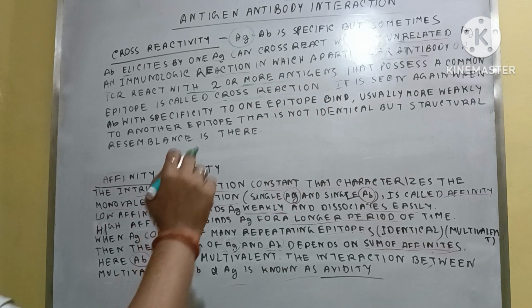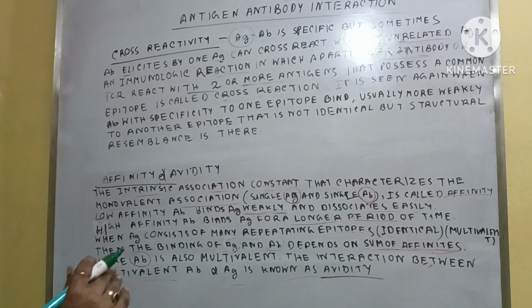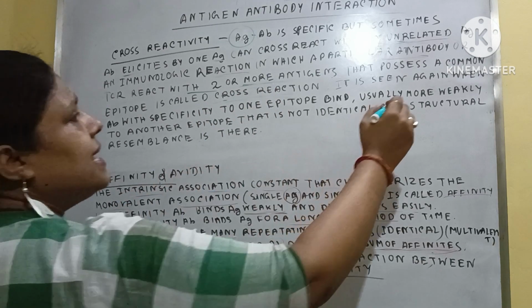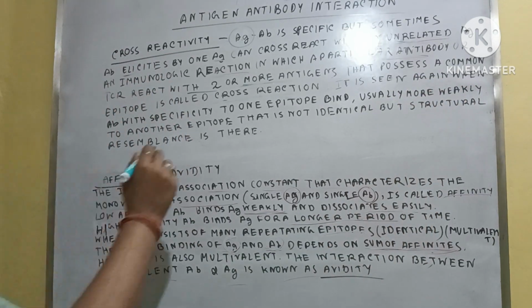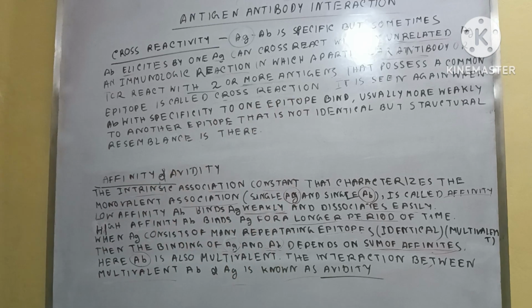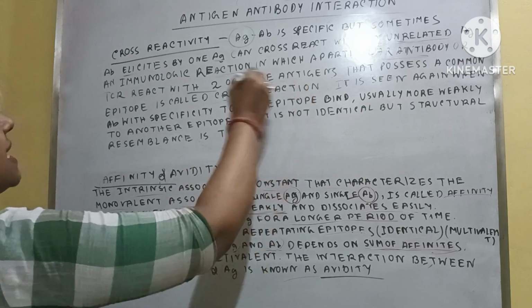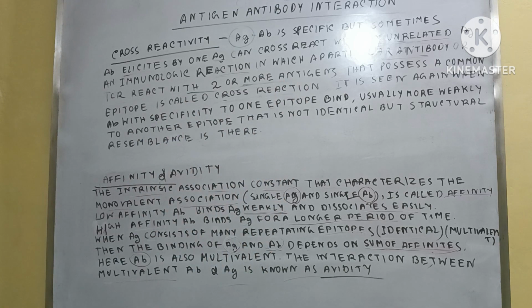And this cross reaction is also seen at another time, where generally the antibody tries to bind the actual epitope site of the antigen. But this binding, the single epitope and antibody complex, is not very stable.